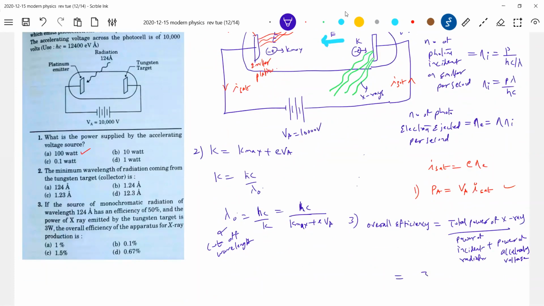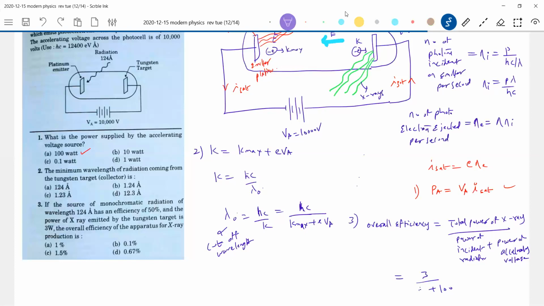Okay, total power of X-rays is 3 watt, that itself is given. Power of incident radiation: shall I write 100, 50 or 200? Anybody? This we know, 100. Power of accelerating voltage, PA: shall I write 50, 100 or 200?